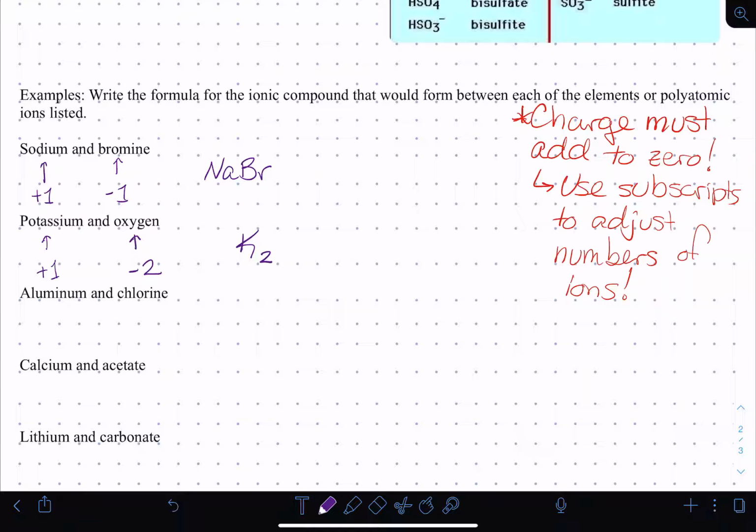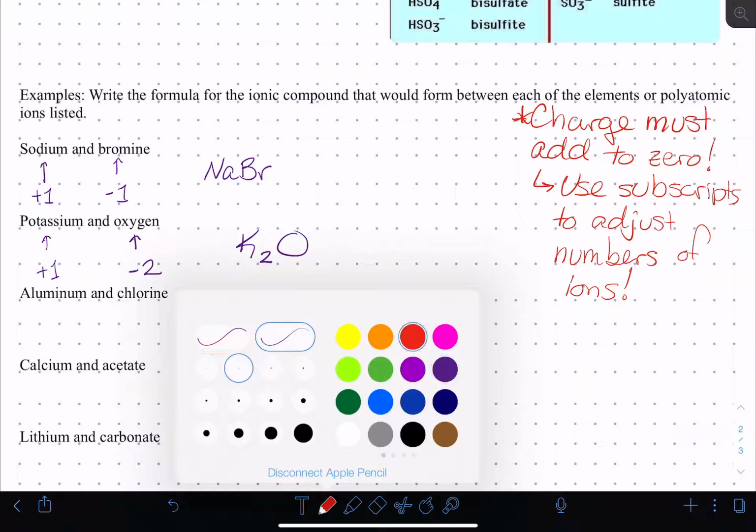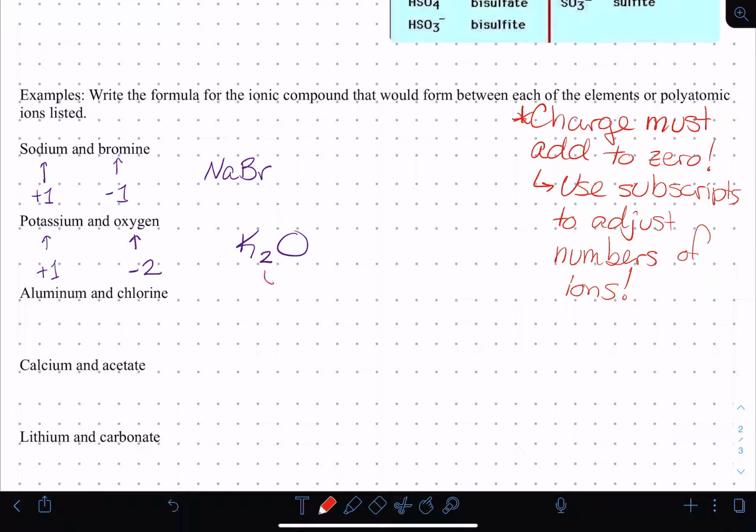So we'll use a subscript after potassium to indicate that. We need 2 potassium for every oxygen in order to balance charge.